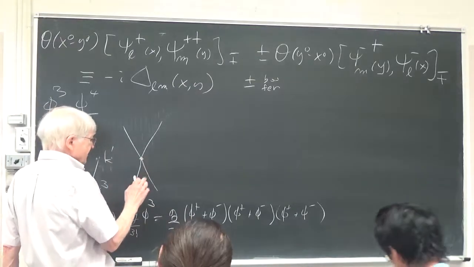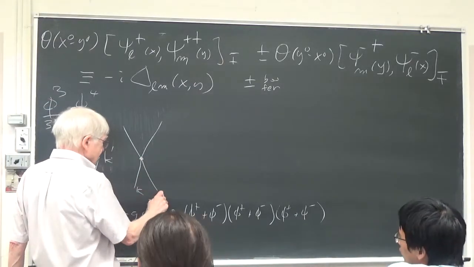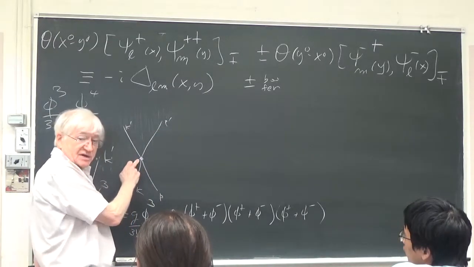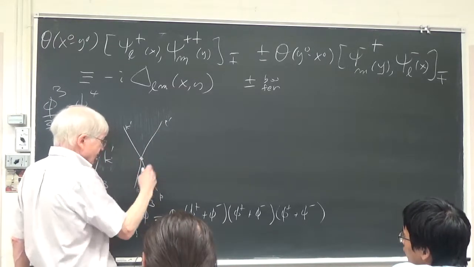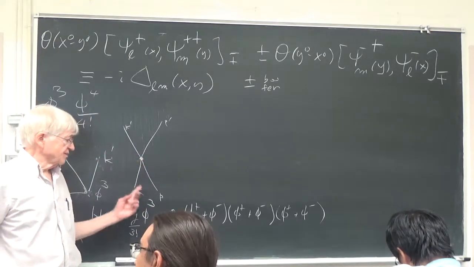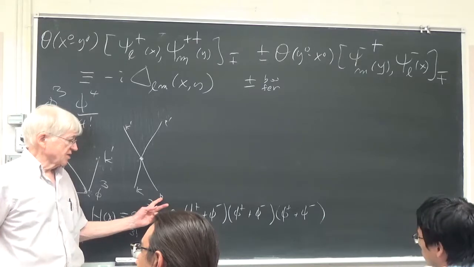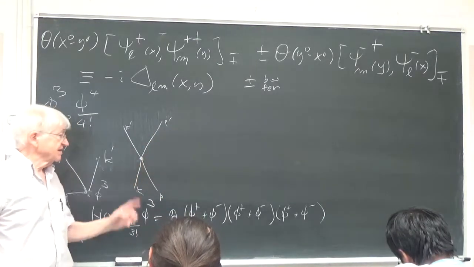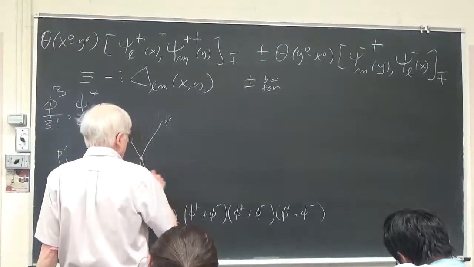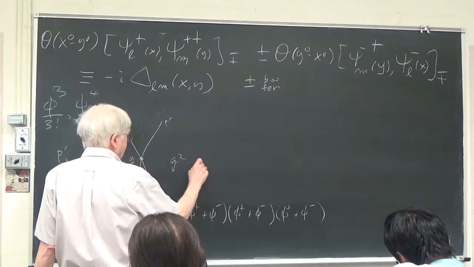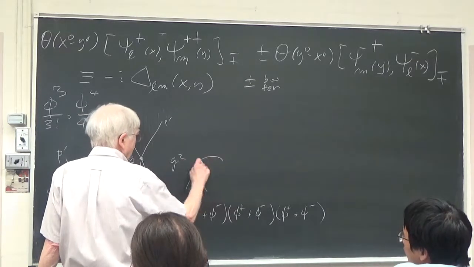Whereas if you have phi 4, then you have k, p going to k prime, p prime, and this can occur at one vertex because you've got 4 fields, and so 2 of them annihilate the incoming particles, and 2 of them create the final state particles. But then when you go to higher order, that's g squared, and now you've got something that's more complicated.